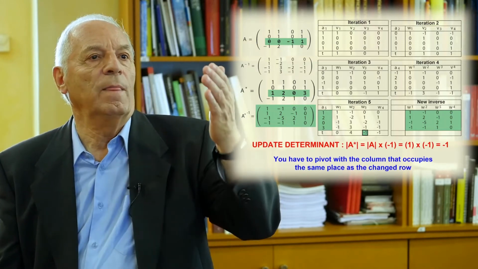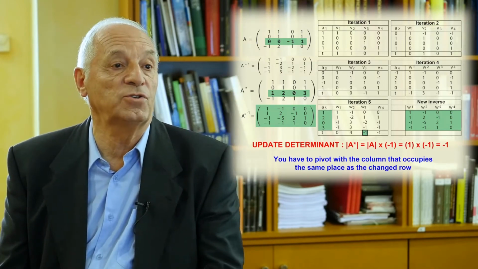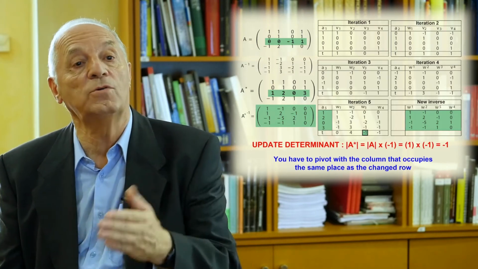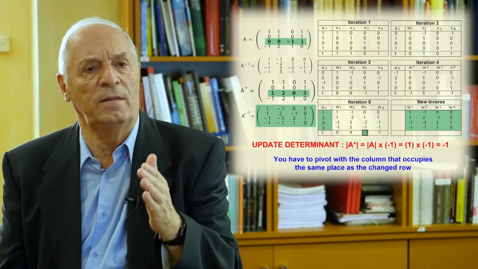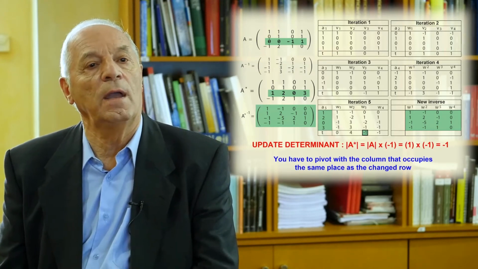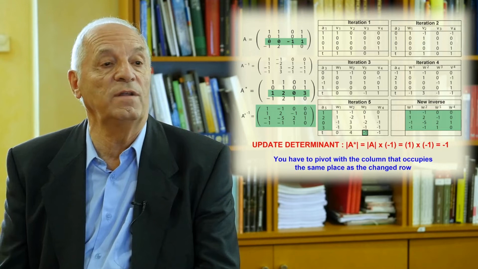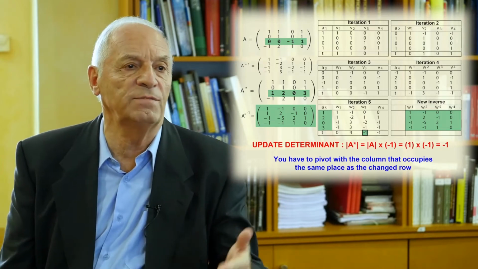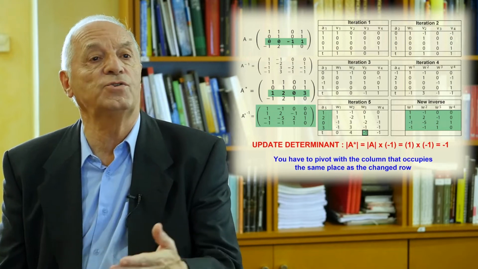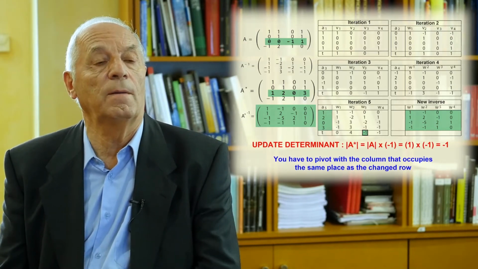We just introduce the new row, we pivot one more, and then the final matrix is the updated matrix. And the same can be done with the determinant. The previous determinant is multiplied by the pivot, and then we get the new determinant. In the course, you will see this very easy.